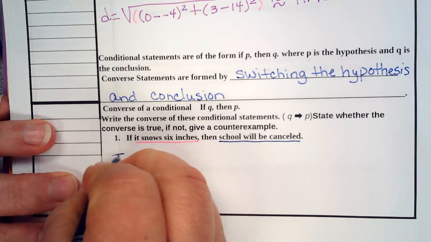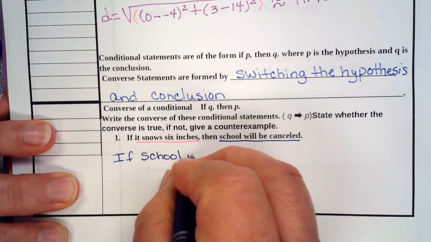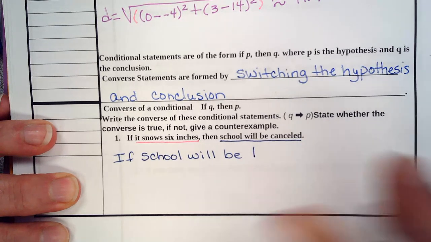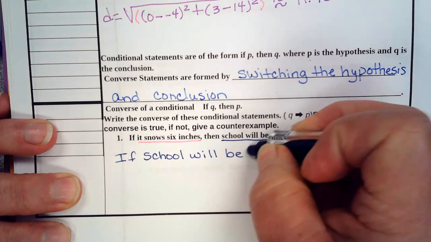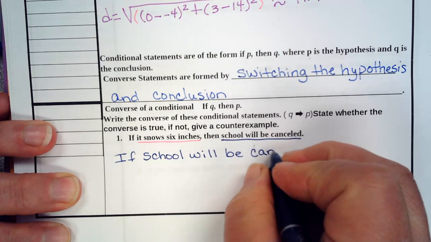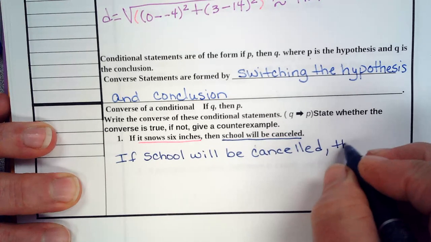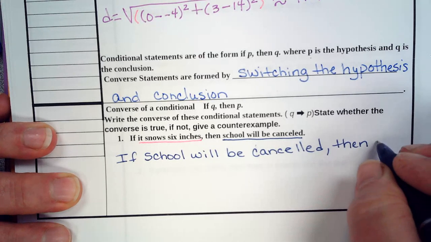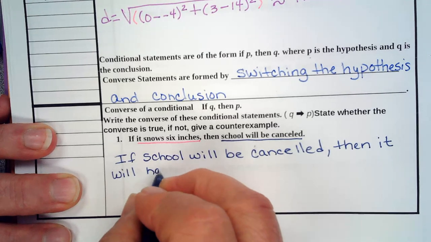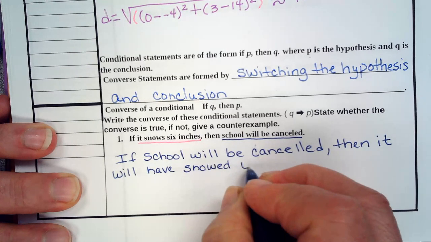If school will be canceled, then it will have snowed 6 inches.